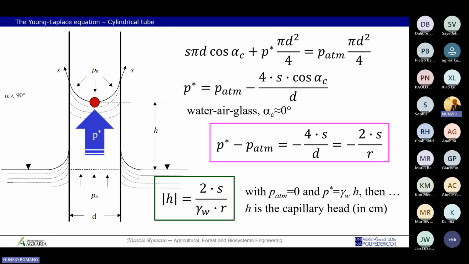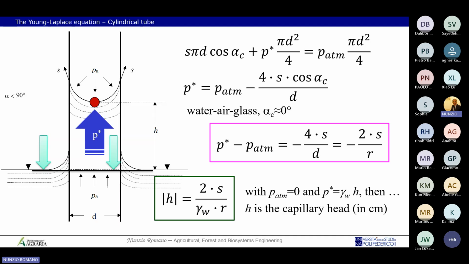But I want to be clear on that point. Do you see the green arrows? This is the atmospheric pressure, and the atmospheric pressure also acts at the level of the bowl. This black line is the isobaric line, the line where all the pressures are the same.